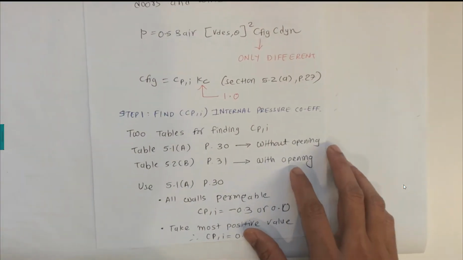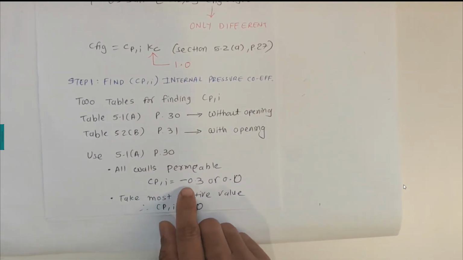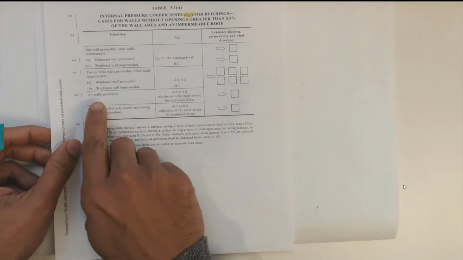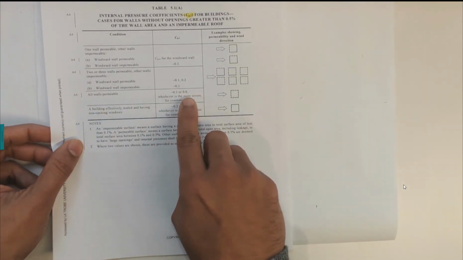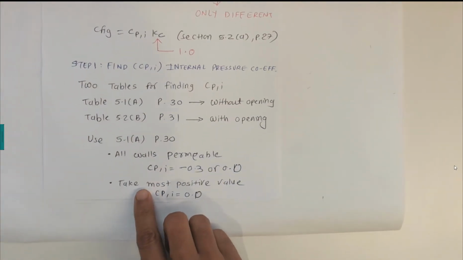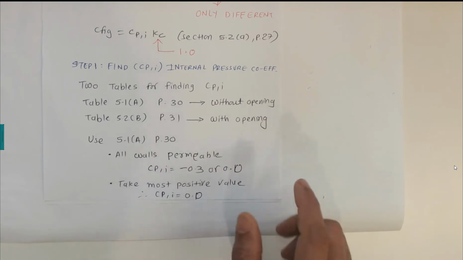In this case all the walls are permeable, so C_p,i is minus 0.3 and 0. We are going to take the most positive value between minus 0.3 and 0, so we are taking 0.